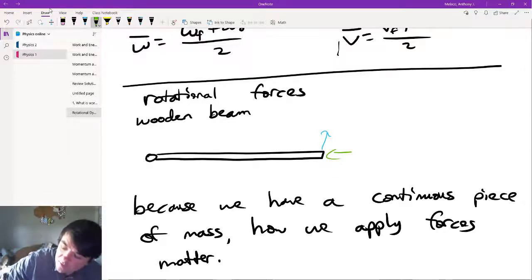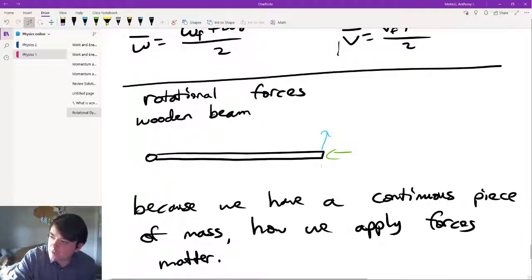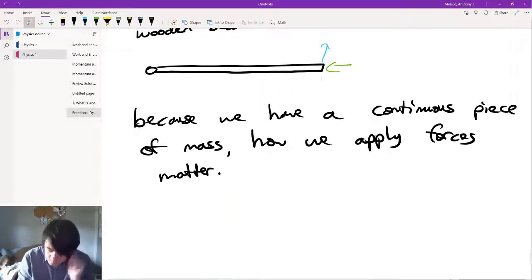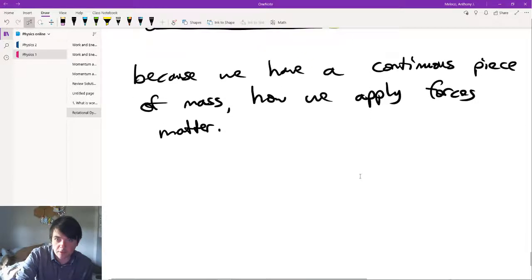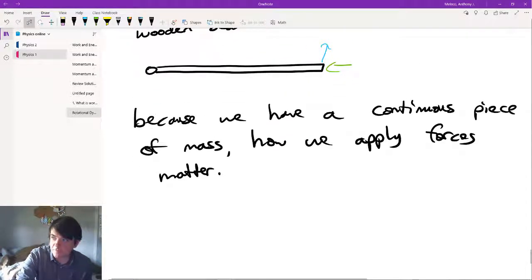The same thing is true here: how you apply the force matters. And so here's the equation for that. Torque is going to be the byproduct of this.